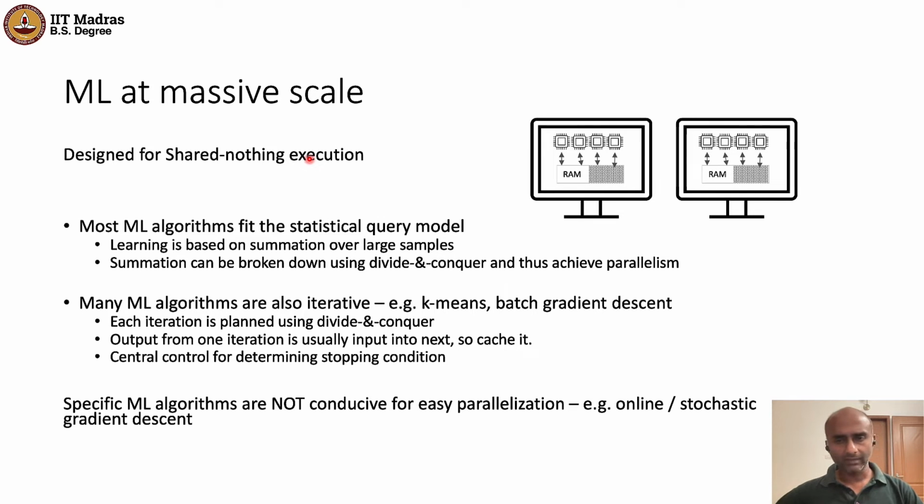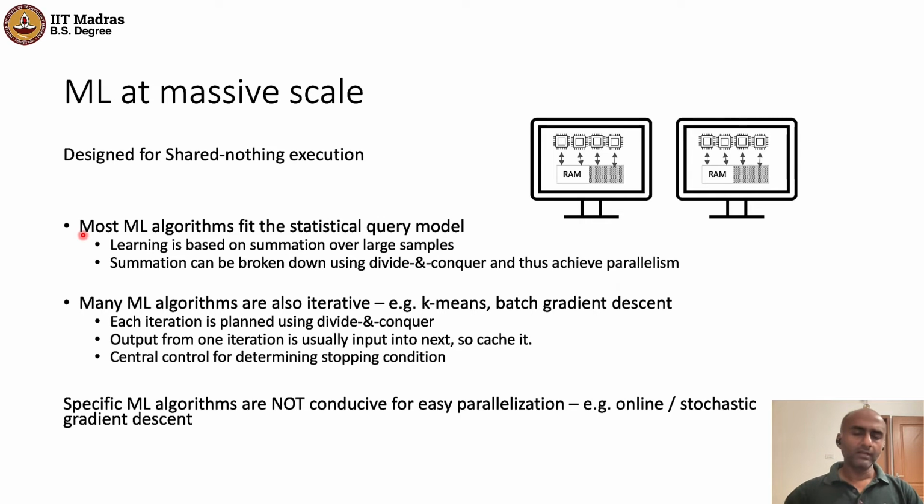But at that time, Andrew Ng's lab was digging into which of the ML algorithms are conducive for expressing themselves using a MapReduce style computation. And they were trying to analyze what the common properties were, what the characteristics of such algorithms were. And they came up with a paper which summarized those learnings and then showed using simple pseudocode for some of the popular ML algorithms how they would fit into this characteristic.